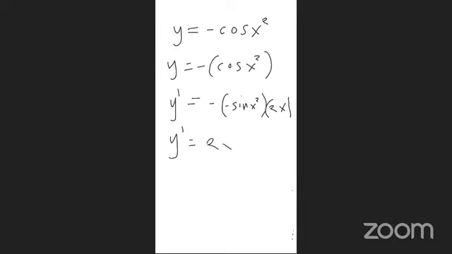So 2x sine x squared. That's the answer.